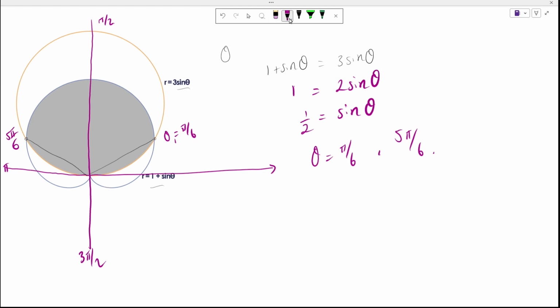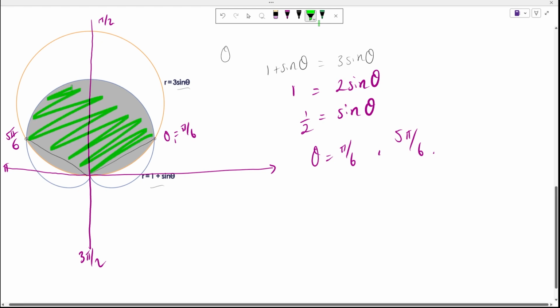So what we can do is work out the integral between these two limits, pi over 6 and 5 pi over 6, of this section. Now that section is going to be part of that equation. Let's look at the formula as well.